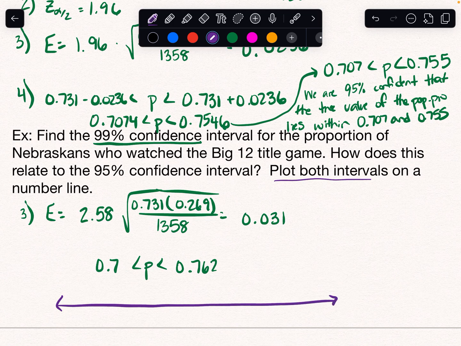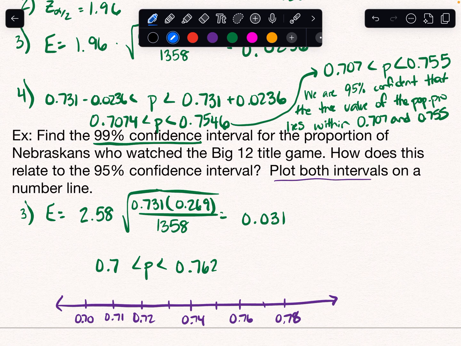Okay, they're fairly the same. So I think I'm going to count by hundredths. So 0.7, 0.71, 0.72, and so on. Okay. So here is 95%.